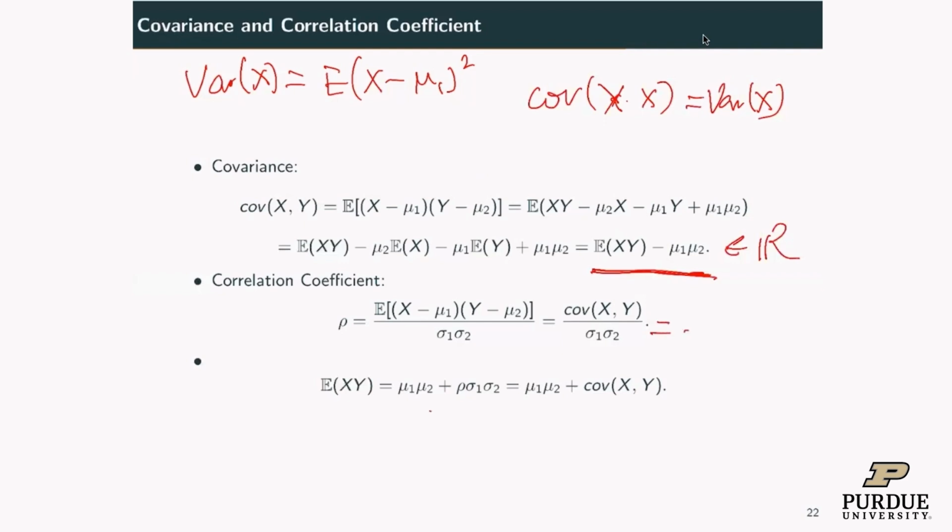So this one is equal to the expected value of XY minus mu1, mu2, divided by sigma 1, sigma 2. So expected value XY minus expected value X, expected value Y. So rho sigma 1, sigma 2 is here.